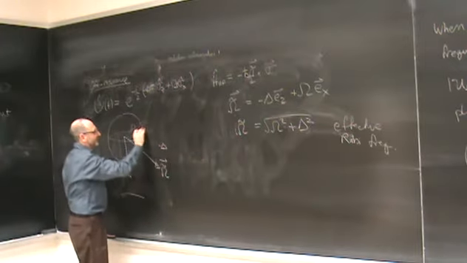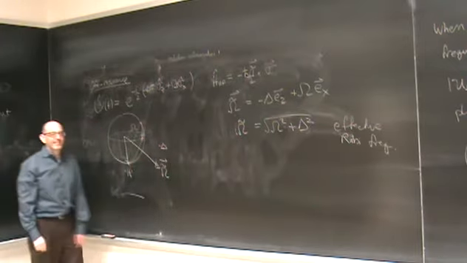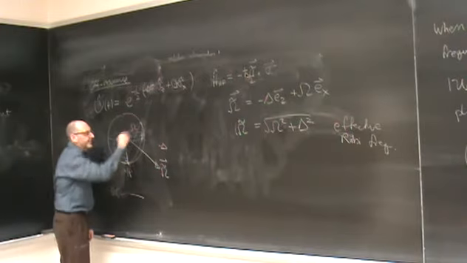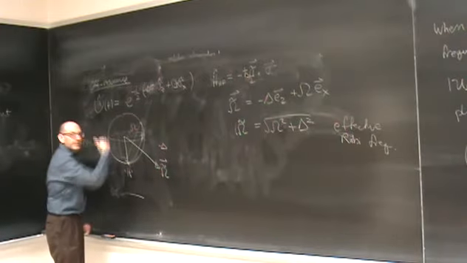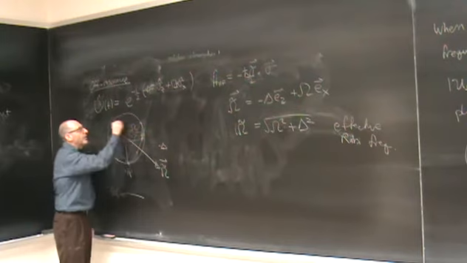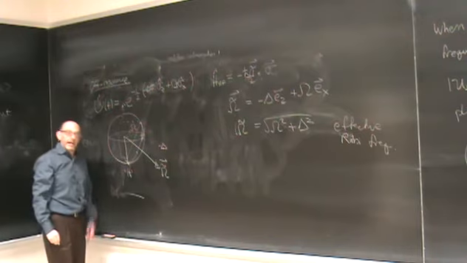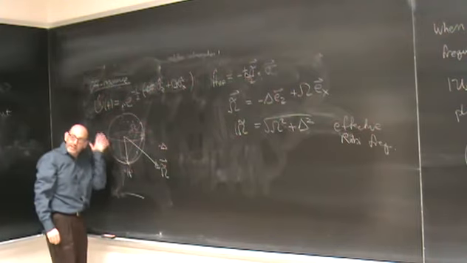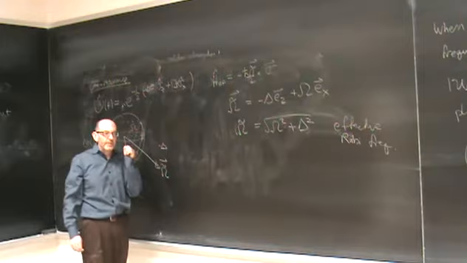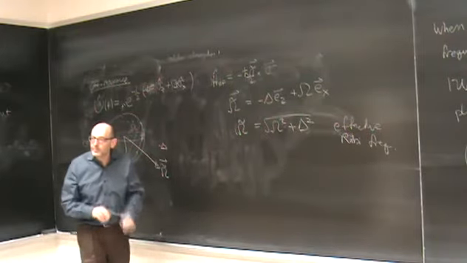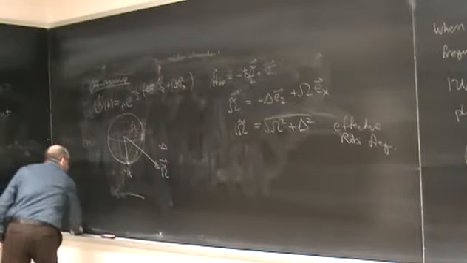Now, you notice it never has 100% probability to be spin up. It has some probability, but never 100% if I'm off resonance. So let's solve that problem.